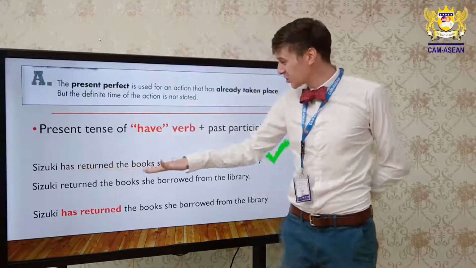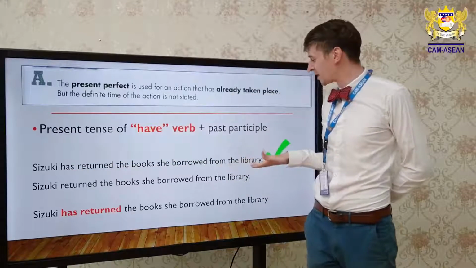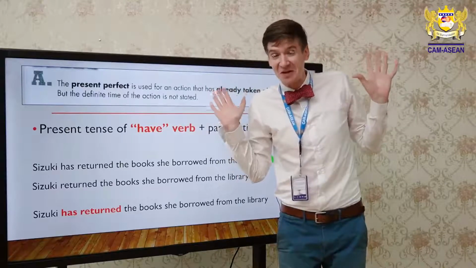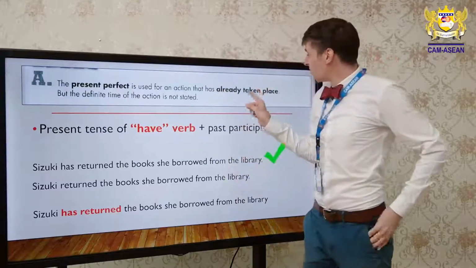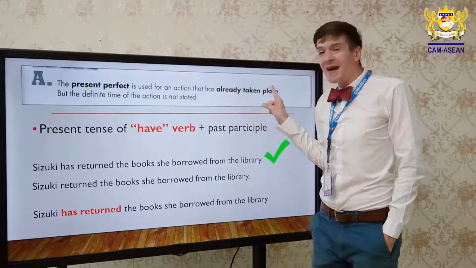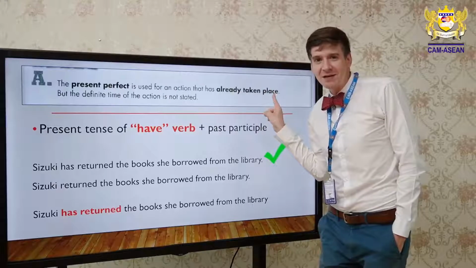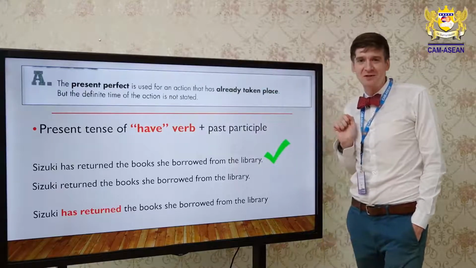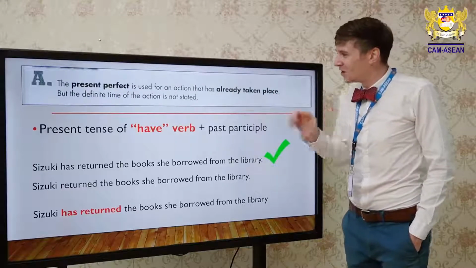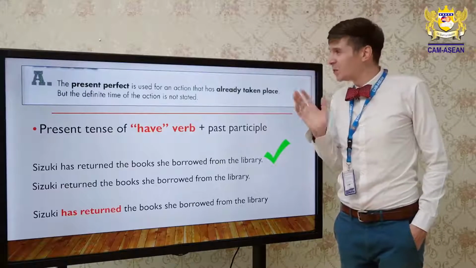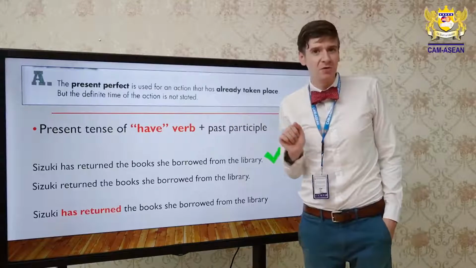Suzuki has returned the books she borrowed from the library. We don't know when she returned them. We just know that it already happened. It's already taken place. We do know that much. We know that Suzuki returned the books, but we don't know when. We can use present perfect.